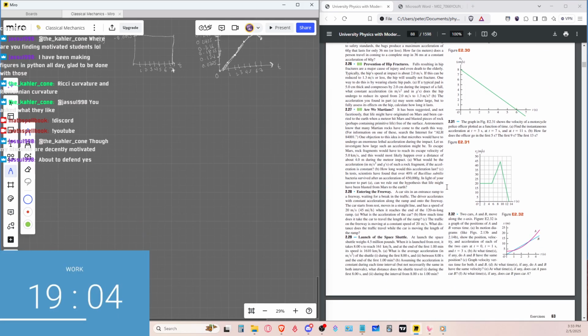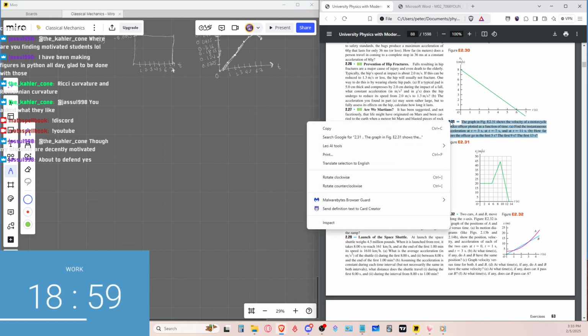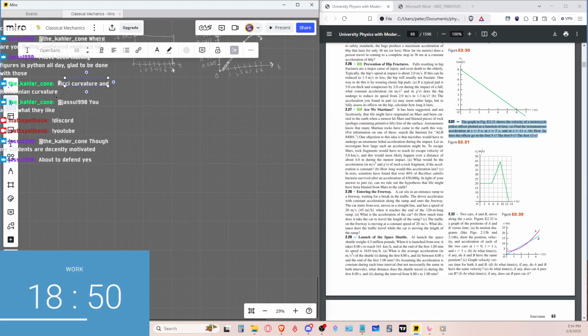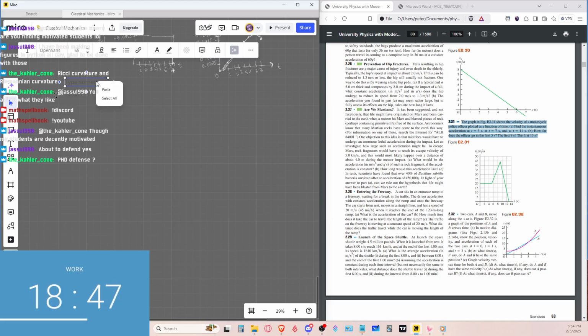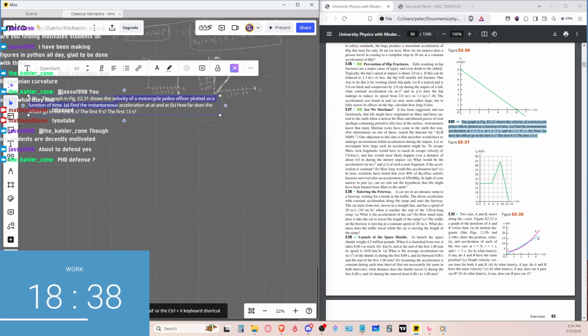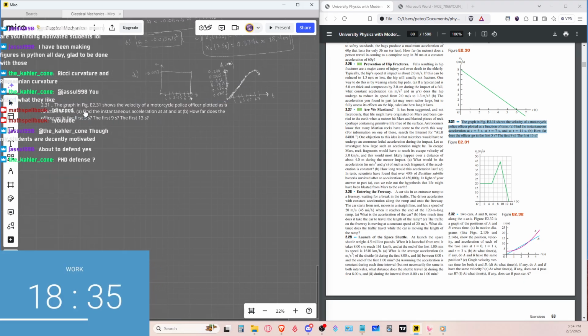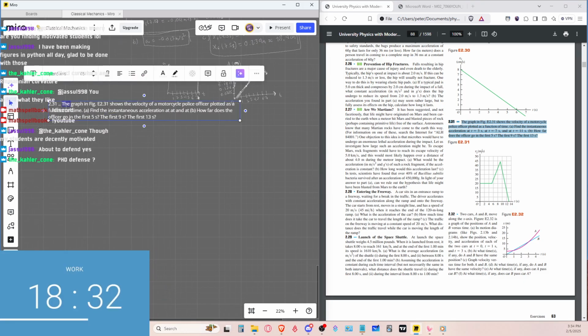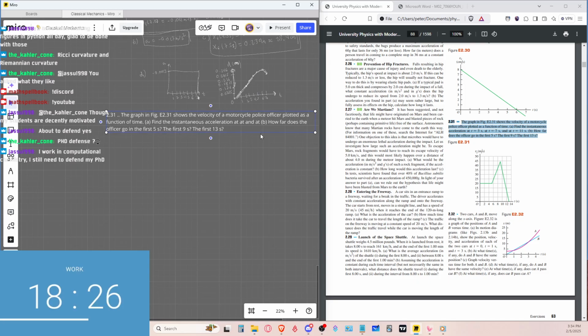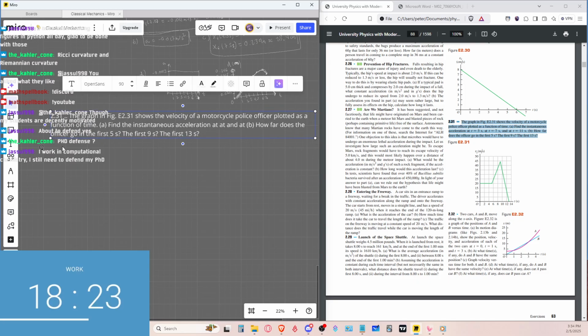Okay, so we have another one. We have another double dot problem. Nice, they're all next to each other, which means I don't have to scroll down as much. Paste. There we go. Alright, let's see.